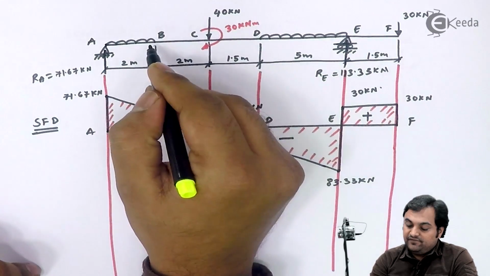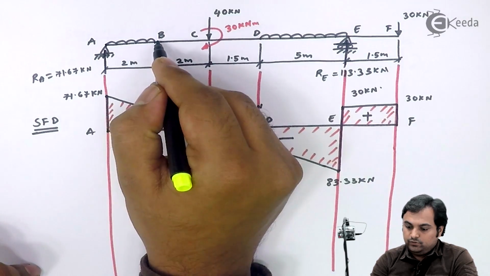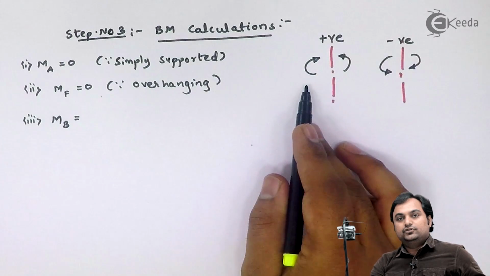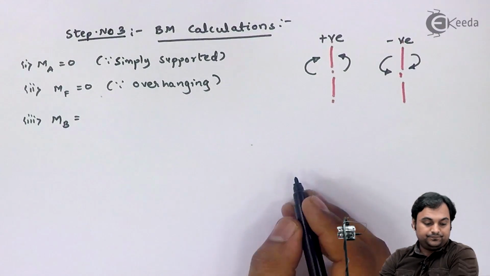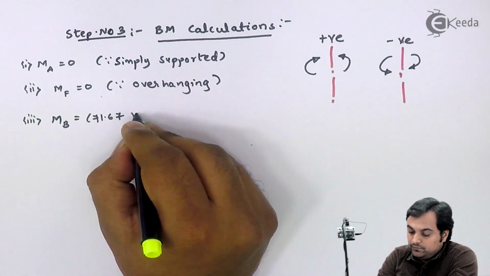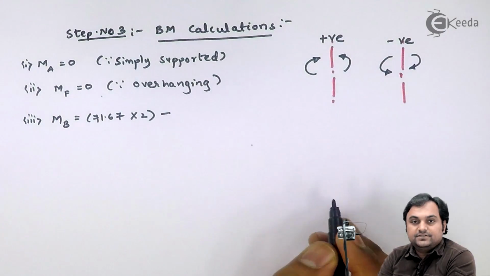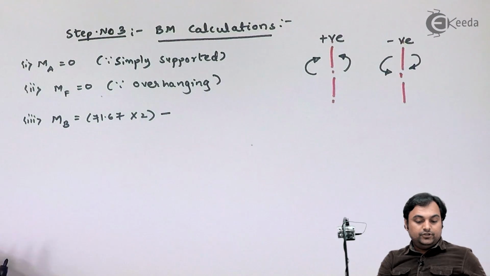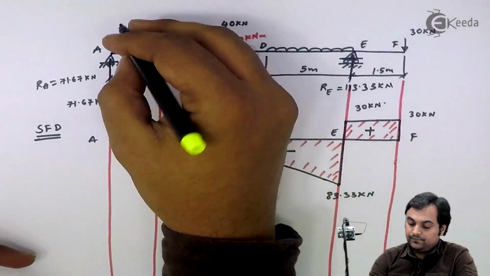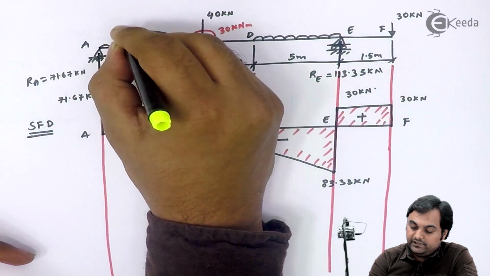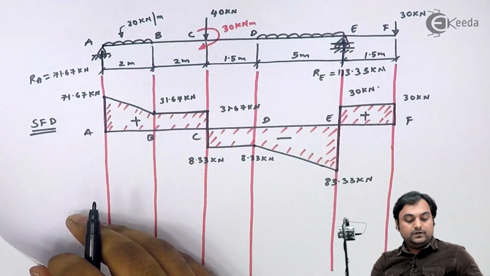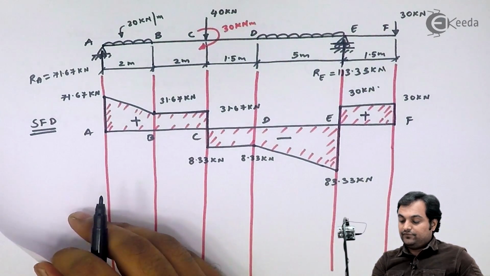So if I take the section at B and to the left of the section I have clockwise moment, that has to be positive. So here I have 71.67 into 2, minus the UDL value given here, which is 20 kilonewton per meter, and the next UDL was 15.